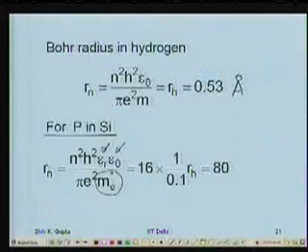So the other terms are there except these two terms and this mass. Effective mass divided by the mass is about 0.1, and the relative permittivity is 16, and therefore the rest of it, 0.53, becomes about 80 angstrom.